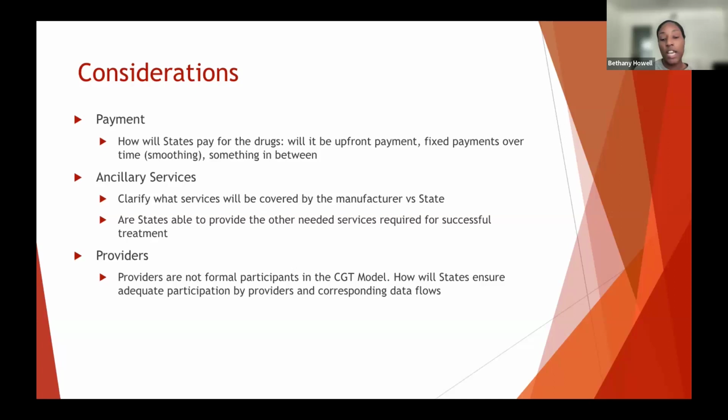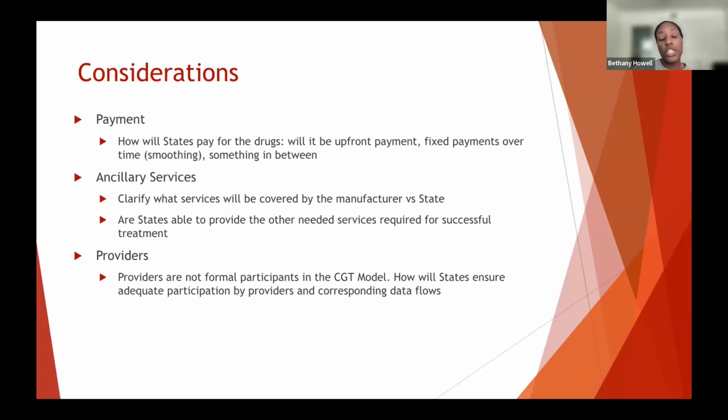There are a lot of different types of payment systems for this. So we don't know if it will be upfront payment or fixed payments over a set amount of time, sometimes referred to as smoothing, or it could be something in between. It could be a combination of an initial payment and then fixed payments over time. We're not sure about that yet.